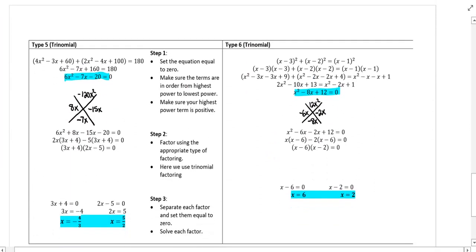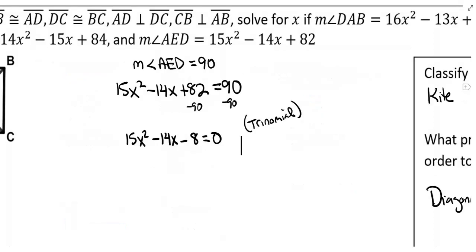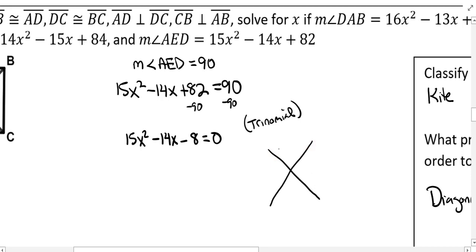Both good examples there. And so I'm going to try to find two terms whose product is going to be 15x times negative 8 and whose sum is negative 14x. 15 times 2 is 30, and so we're going to end up with negative 120x squared.